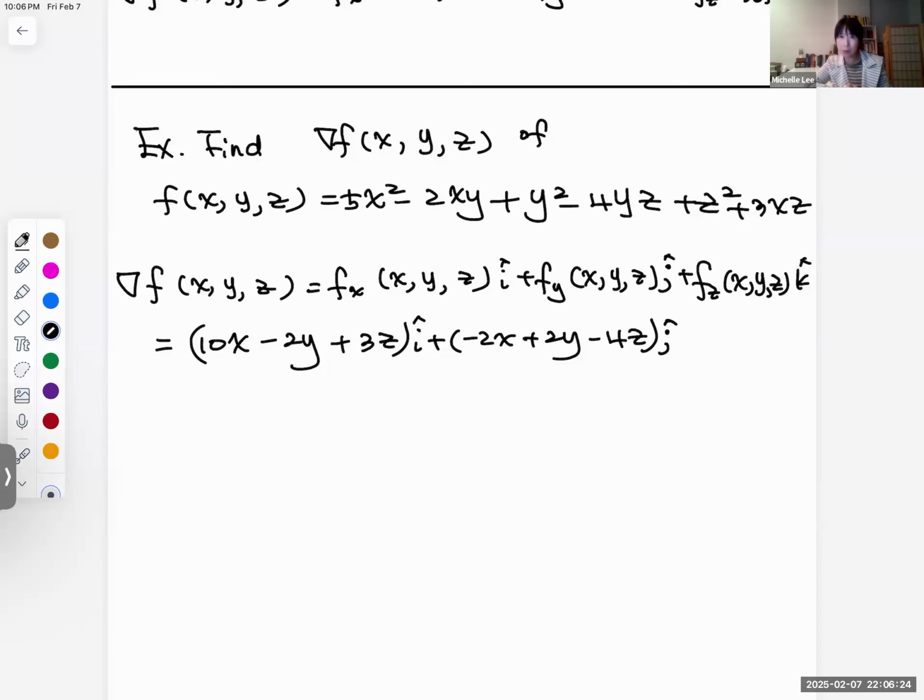And the partial derivative with respect to z is negative 4y plus 2z plus 3x. So let me write down plus. Let's use that.